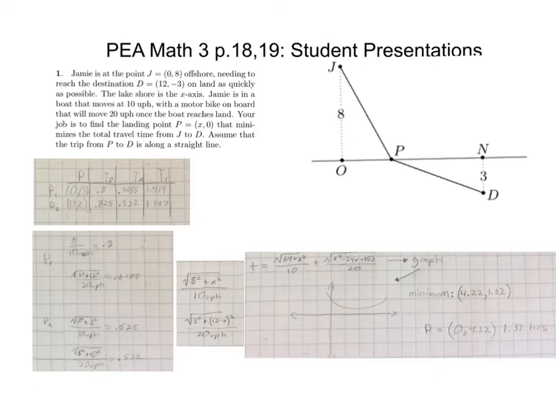Anyway, I began by making a chart over here, experimenting with different locations of the point P. So first I placed it at (0, 0), and I found the distance between the point J and the origin to be 8, obviously, and I divided it by the speed to equal a time of 0.8 hours.